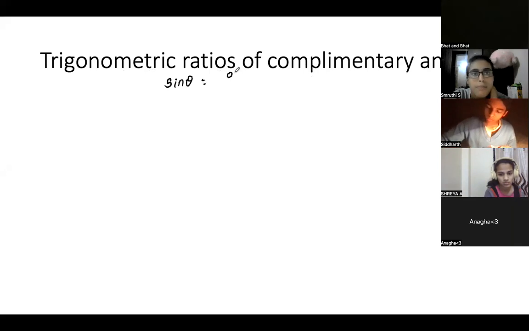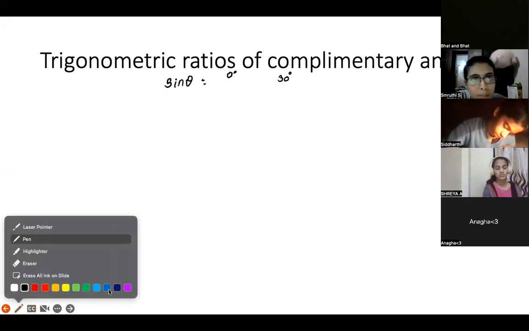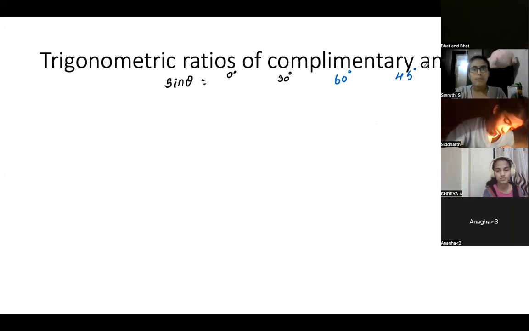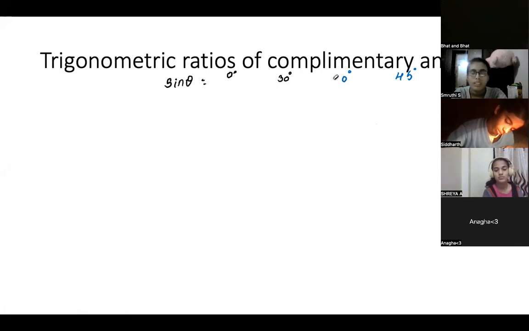Sine theta for 0 degree, 30 degree, 60 degree, 45 and 90 degree. Or okay, I just messed it up. 1 minute. First comes 45, then comes 60. 45, 60.